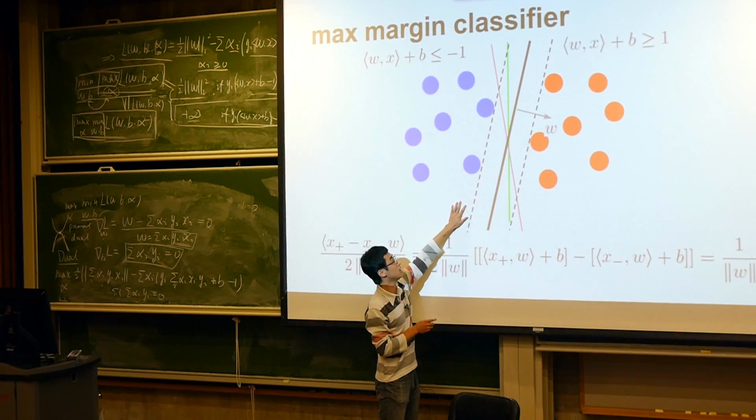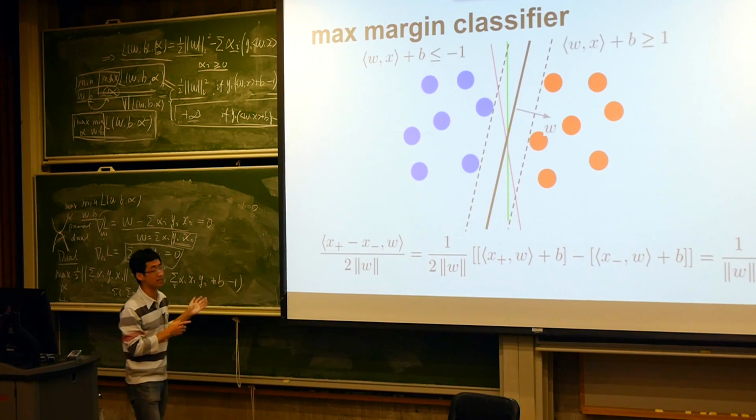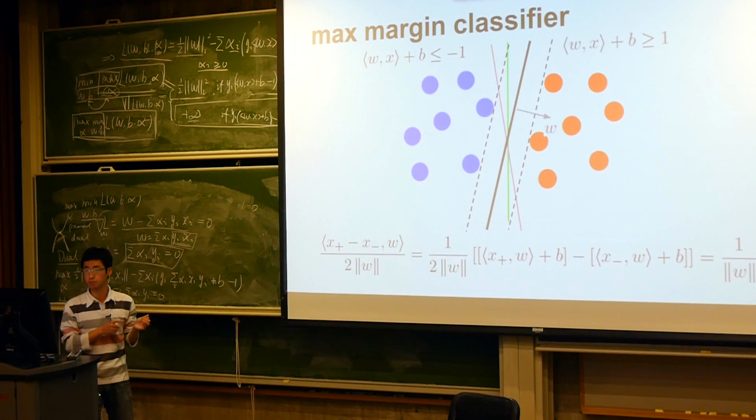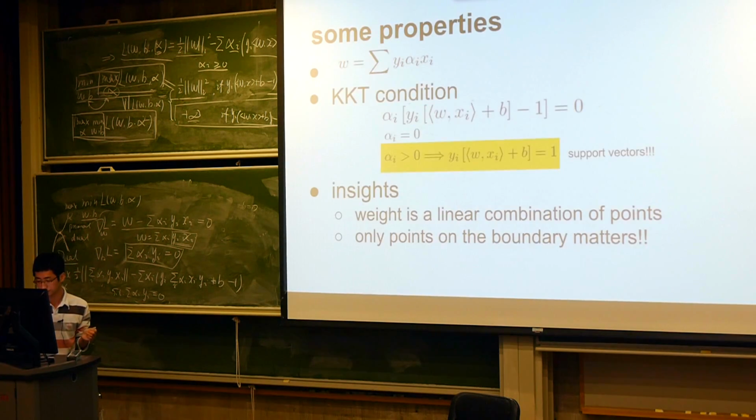Only the dots along the virtual line will be counted in the weight. So this is why we call it support vector. As I have just said, only the points on the boundary matter. We can remove all the points not on the boundary, and we can do the same optimization and get the same result.